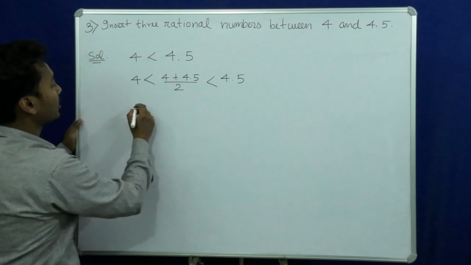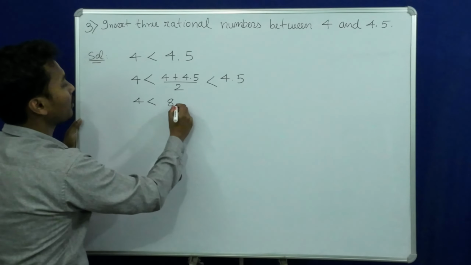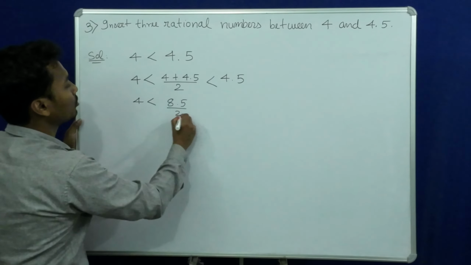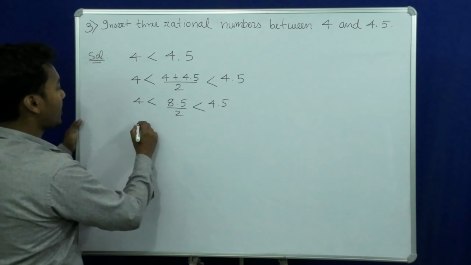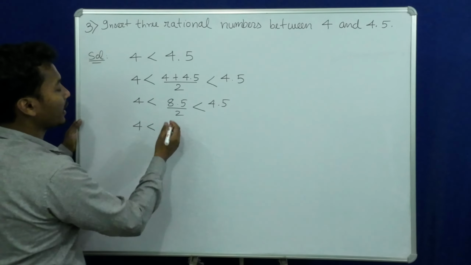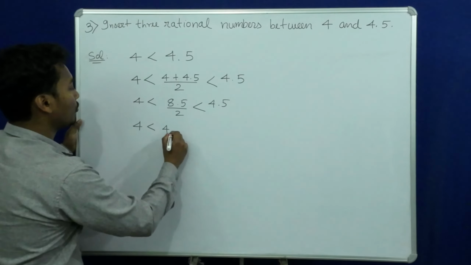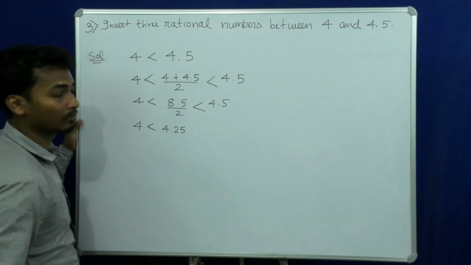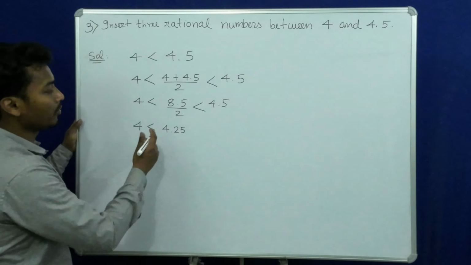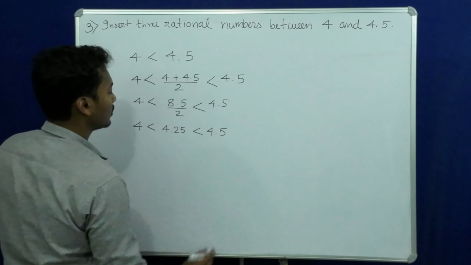So if we add it up, 4 plus 4.5 will give you 8.5 by 2, less than 4.5. So 8.5 divided by 2 will give you 4.25, right, less than 4.5.